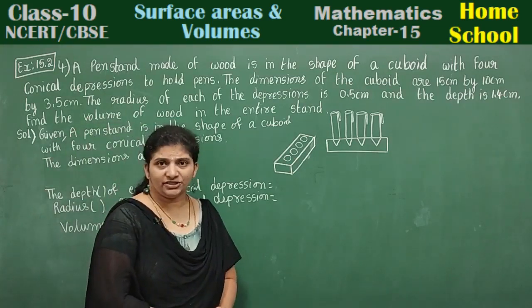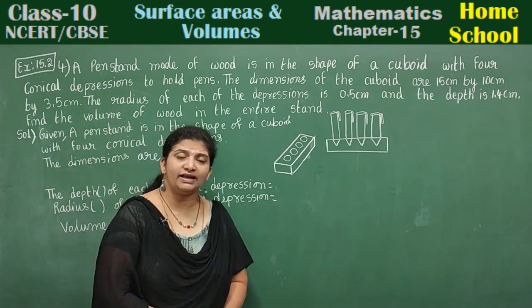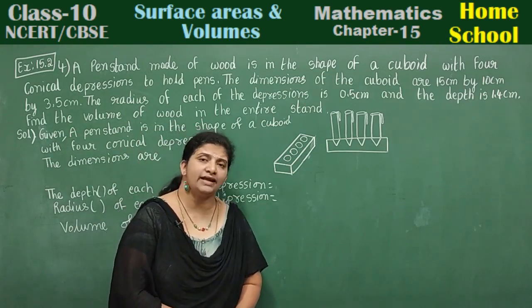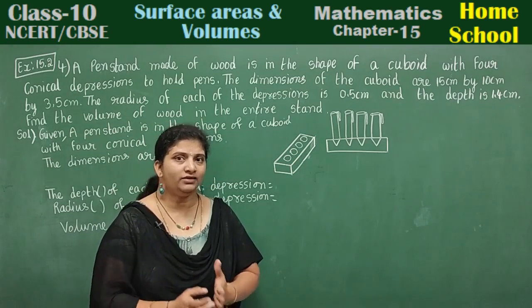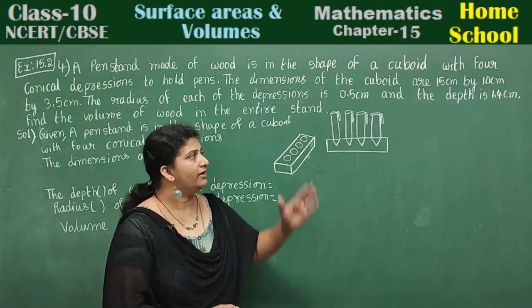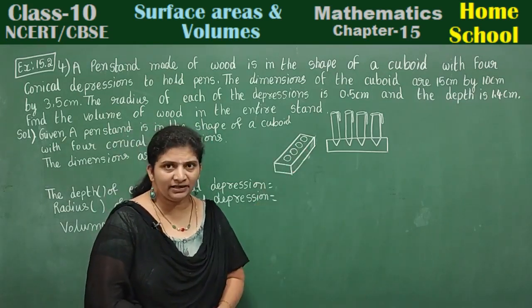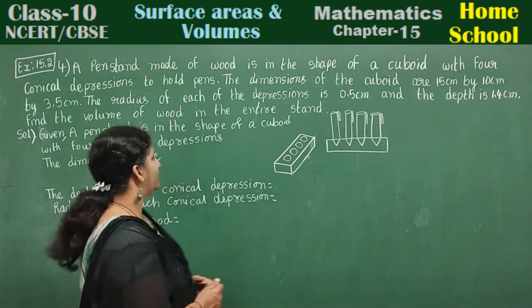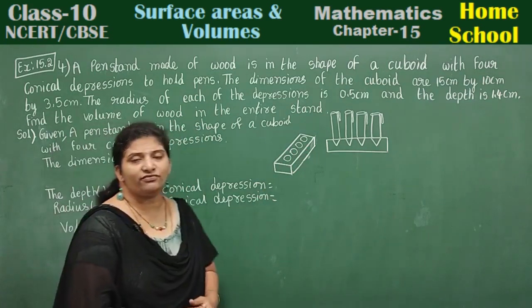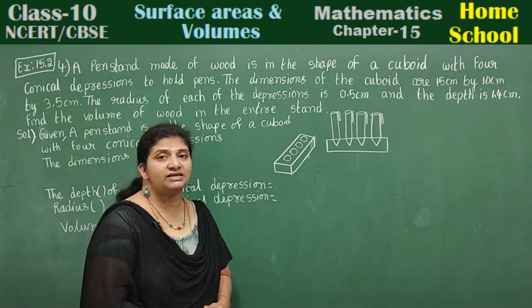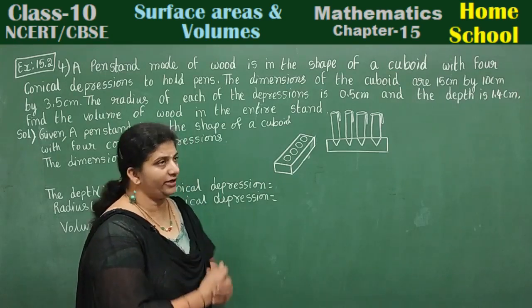What are these dimensions? Cuboid is a 3-dimensional figure. What are the 3 dimensions it has? Length, breadth and height. Length 15 centimeters, breadth 10 centimeters, height 3.5 centimeters. These are the dimensions for the cuboid.